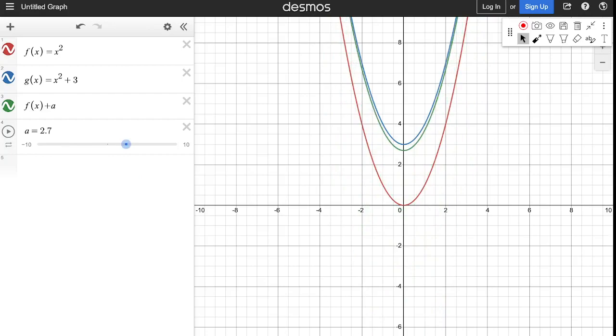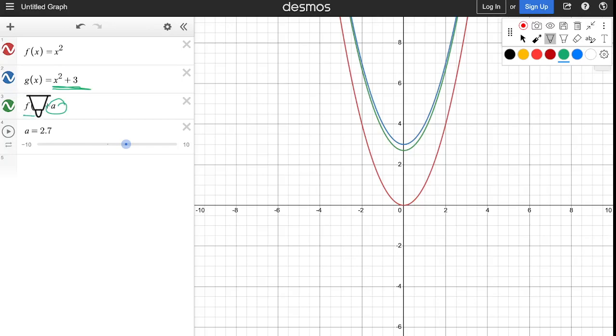So that's the effect of adding or subtracting something on the outside of a function. And again, we can kind of look at it two ways. This is the actual formula that we would use to write it. This, or a format equation, I guess we could call that.